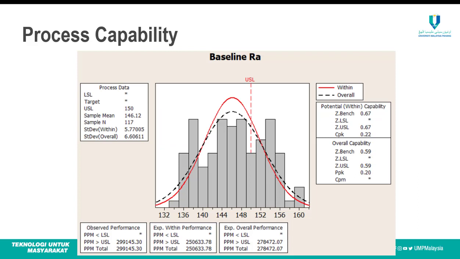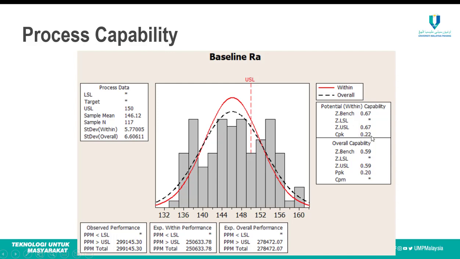Then we can also conduct the process capability analysis in order to know our current process capability. This is one of the tests that we can conduct on the process capability. From here, basically we can get the Z bench and also Cpk for the process.